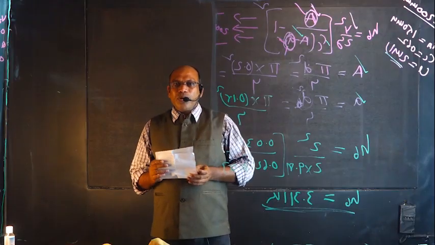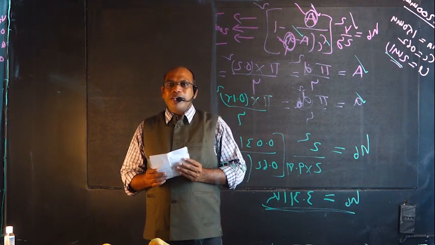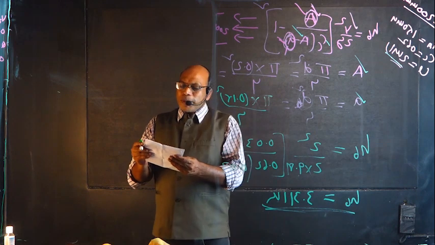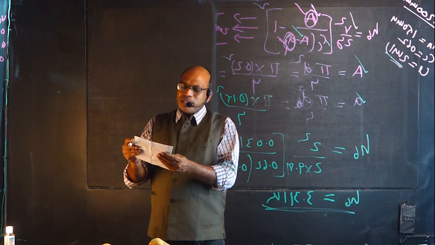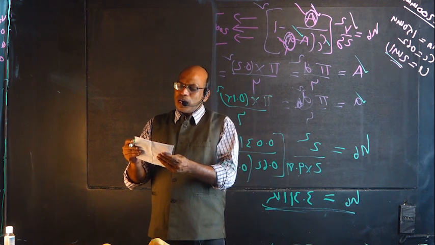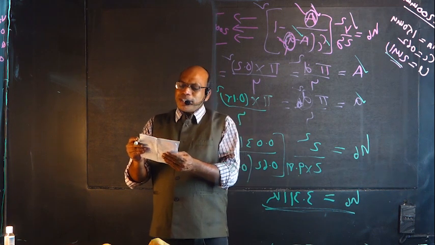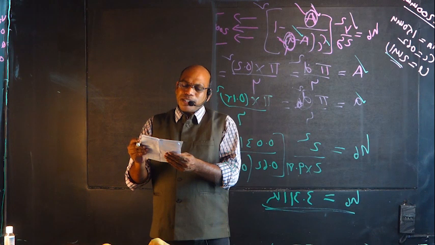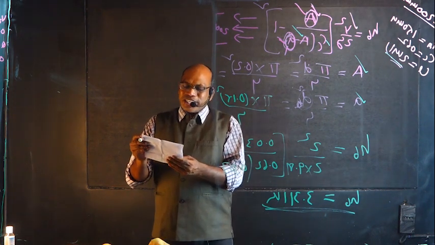Right? Now we are going to discuss one problem related to pipes connected in series. Please note down the problem. 3 pipes of length 800 meters, 500 meters and 450 meters and of diameters 500 mm, 400 mm and 300 mm respectively are connected in series.